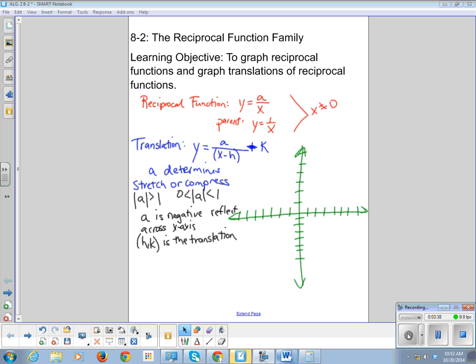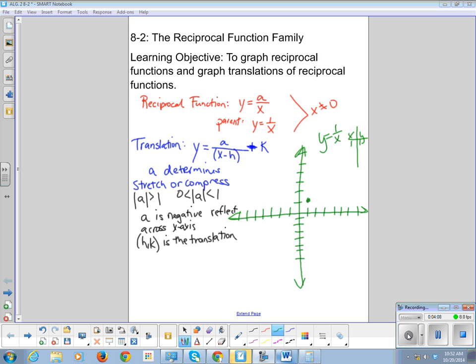So if we were to graph the parent function y equals 1 over x, I obviously can't plug in 0 for x. So when I plug in 1 for my x value, it's 1 divided by 1, and that's 1. So then I plot that point right here.